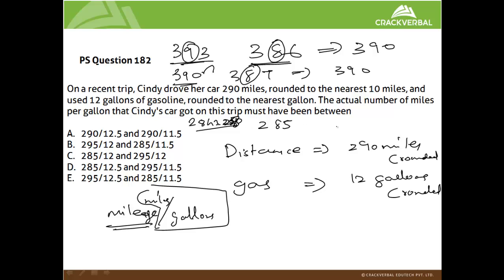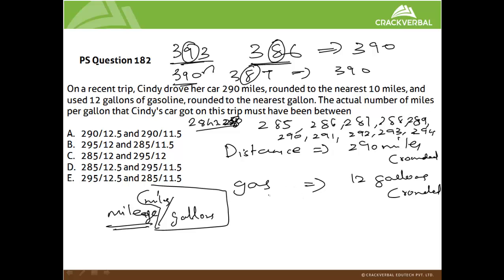So 285 we are rounding, if the units place is 5 or more, to the next value of 10, which is nothing but 290. 285, 286, 287, 288, 289, 290 also, right? And 291 would be rounded down, since the units place is lesser than 5, so we round to 290 itself. 290, 291, 292, 293, 294 will be the same thing, but 295 would be rounded to 300, the nearest ten, because the units place is 5 or above.